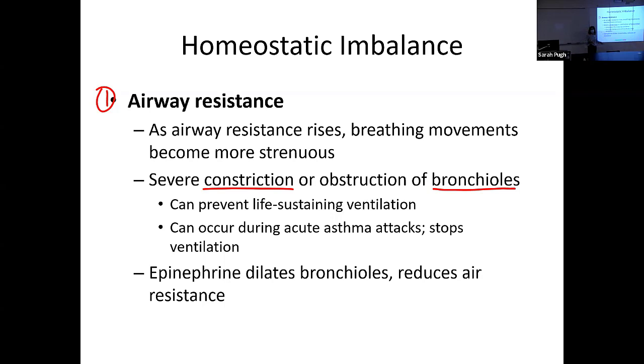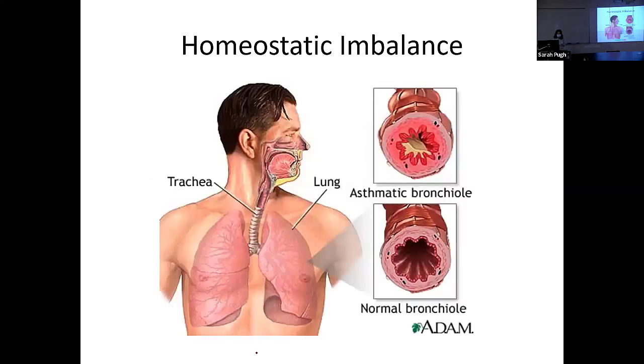And this can happen during asthma attacks, and it can stop you from being able to inhale, okay? And so this is why people, when they have asthmatic attacks, they might take things like epinephrine, like an inhaler. This just helps to dilate the bronchioles, get them open a little bit wider. A wider bronchiole means you're decreasing the resistance. You're making it easier for the air to get in. So it makes breathing a little bit easier.